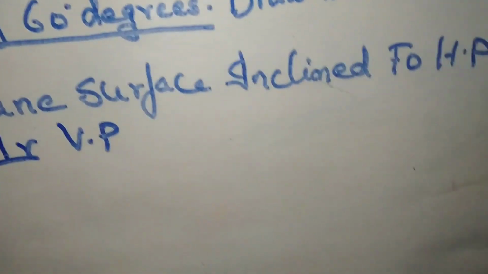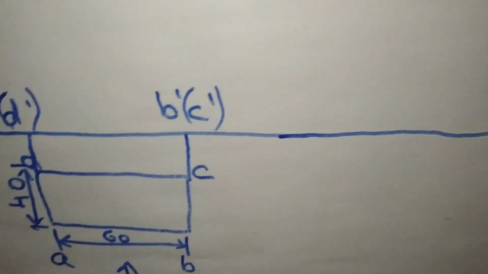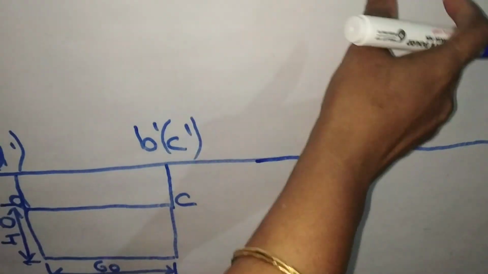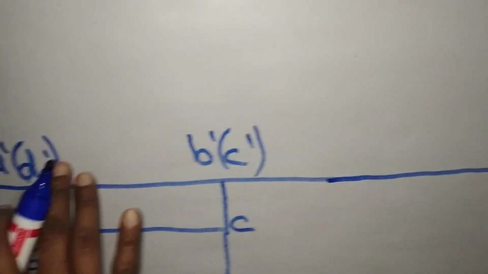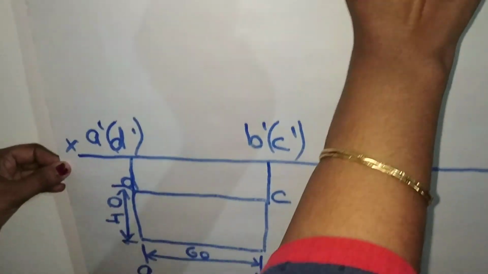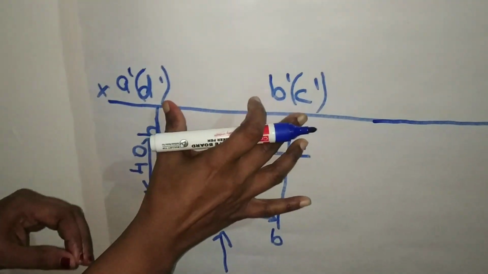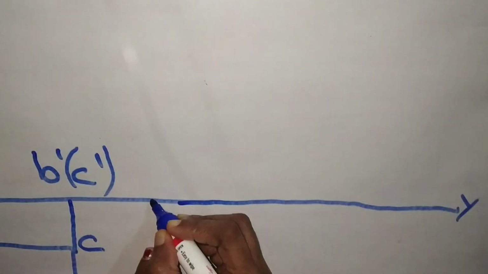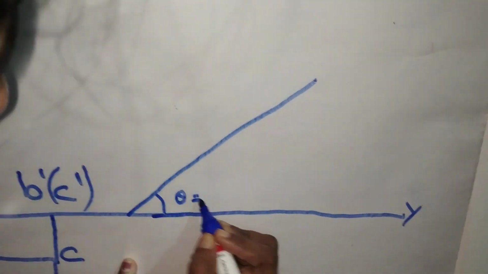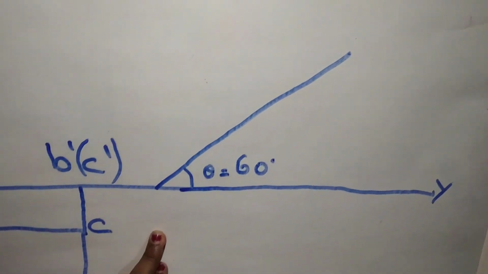The second part goes like this: it is inclined to HP at an angle of 60 degrees. So what should be inclined? As I have shown you here, the front view is inclined at 60 degrees to HP. So the front view, the same dimension, I will incline at an angle of 60 degrees. Let this angle theta be equal to 60 degrees.